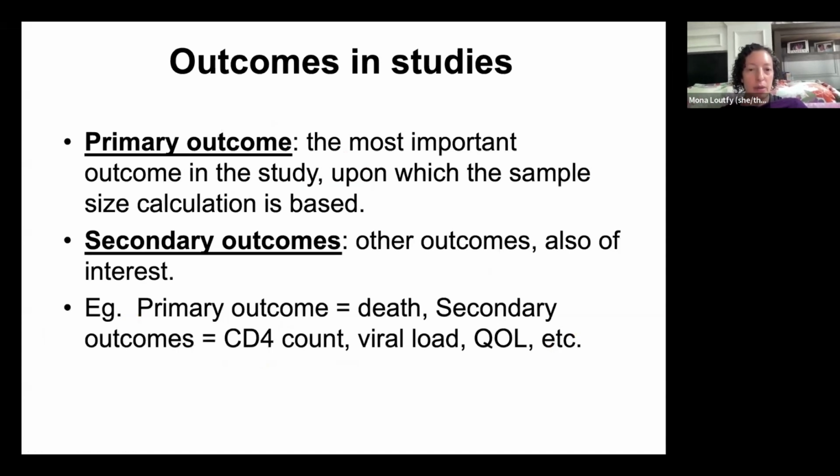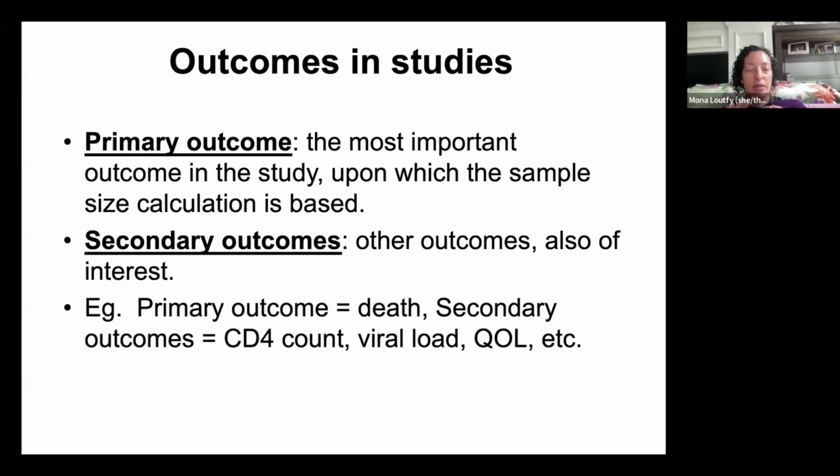Okay, let's talk about outcomes in your research studies. When you write a proposal or a protocol or a paper or conference abstract, we always talk about a primary outcome. Primary outcome means there's one outcome that is most important.